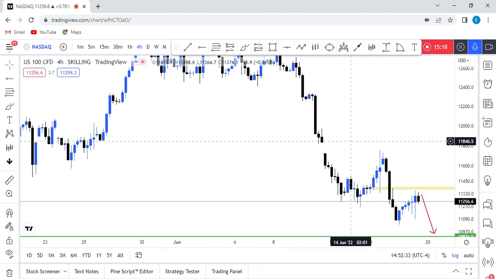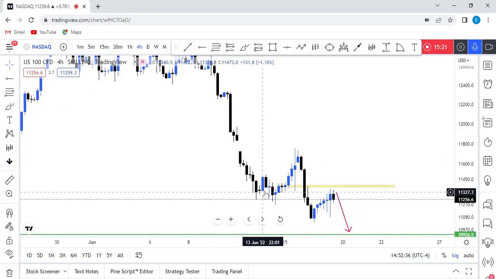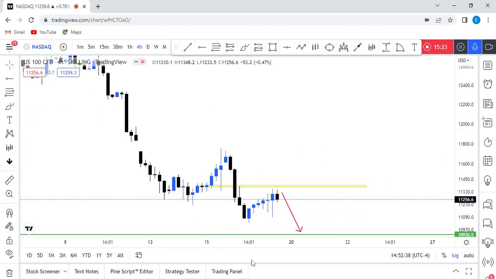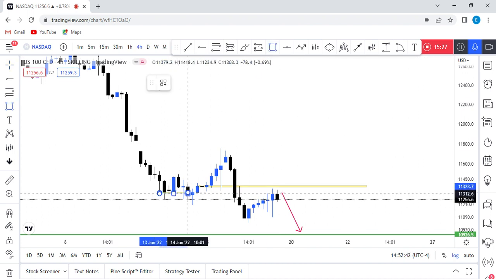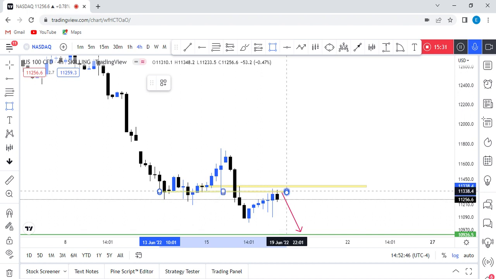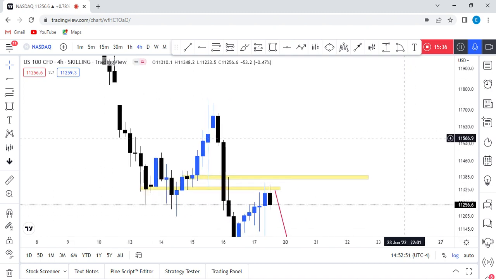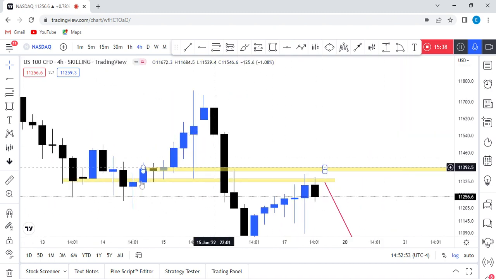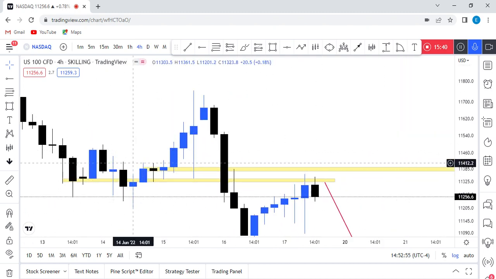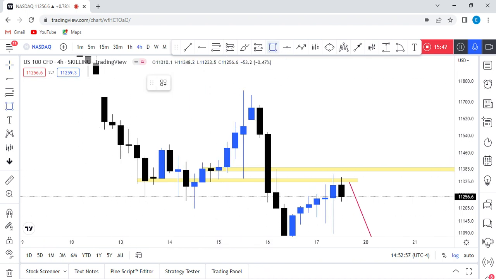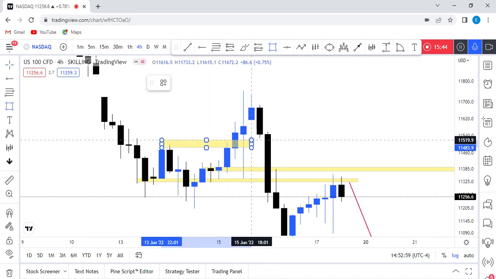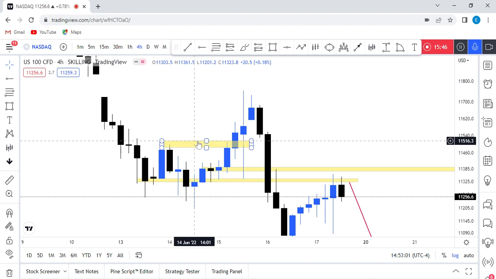As we see here, the market was in the downside move, but after touching here, the market made this level here. I think you can see this level here. It made a stop point, then it broke the structure. It made the BMS at this level here.